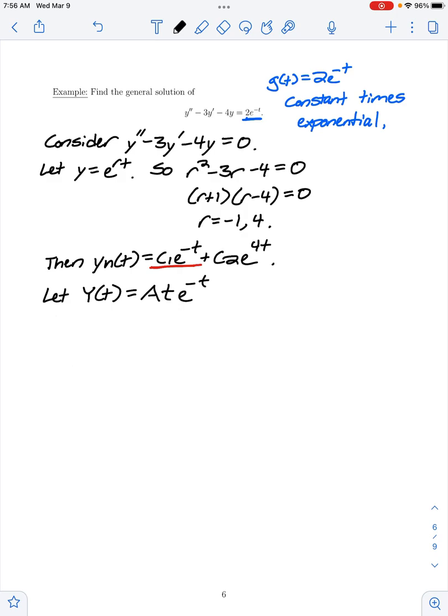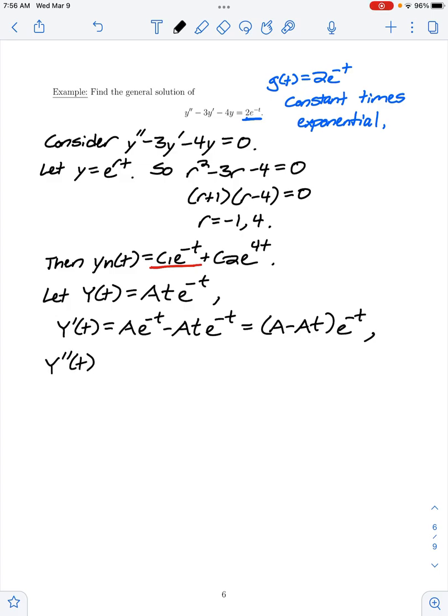So let's look at a constant times t e to the negative t, since just a constant multiple of e to the negative t was part of our homogeneous solution. So in this case, our first derivative, y prime, would be given by using the product and chain rules, a e to the negative t minus a times t e to the negative t. Or if we factor out an exponential, we have a minus a t e to the negative t power.